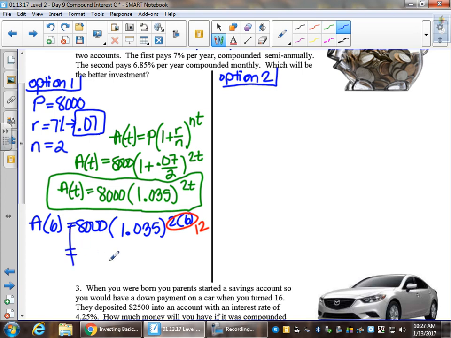Plugging that into my calculator, let's see what you get. So 8,000, open parenthesis, 1.035, close it, caret 12. And we get $12,088.55.